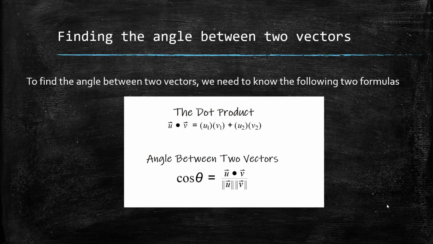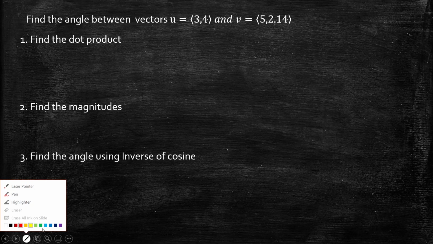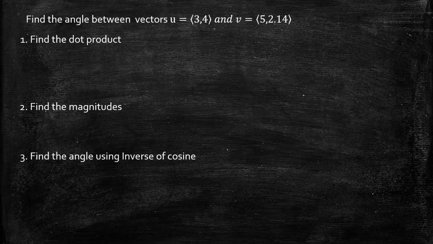So let's try a couple of examples. I want to find the angle between the vector 3, 4 and the vector 5, 2.14. If I graph those two, I can get an idea of what ballpark I'm looking at. I can't draw that well to get it exact, but I could get some idea, right?